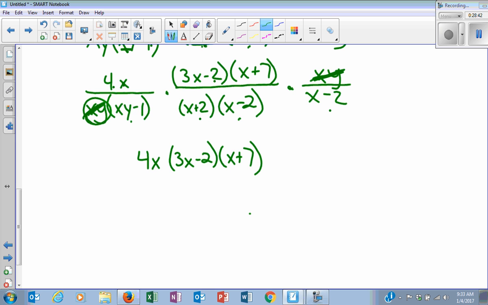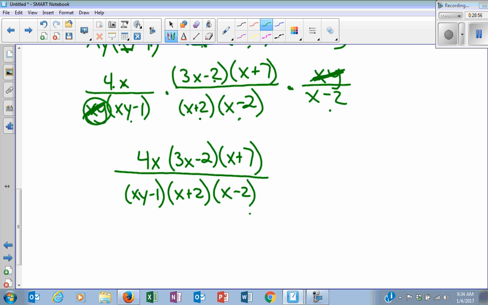That's all left in the top, so I put all that in the top, over xy minus 1. Then right here, x plus 2. But when I go to write this x minus 2, there's not just 1, there's 2 of them. And remember, I have to multiply this times this and this times this. So when I multiply x minus 2 times itself, it becomes squared.